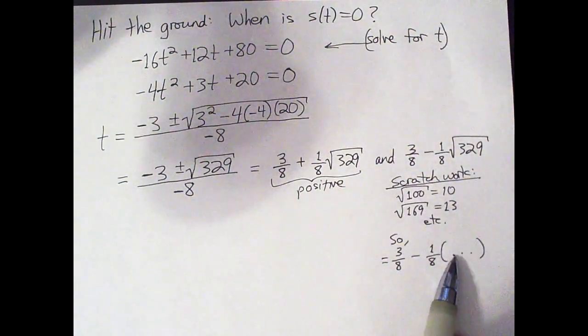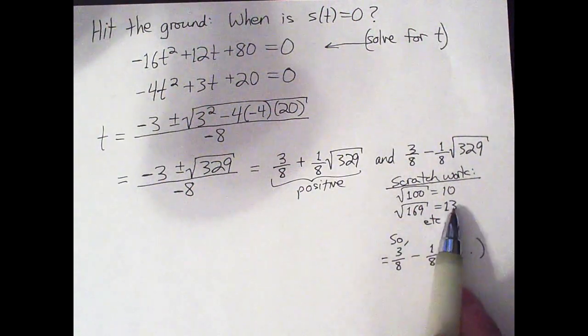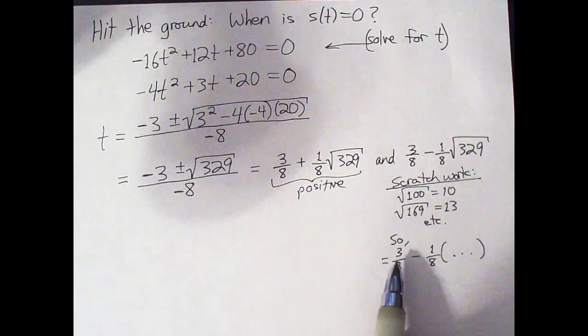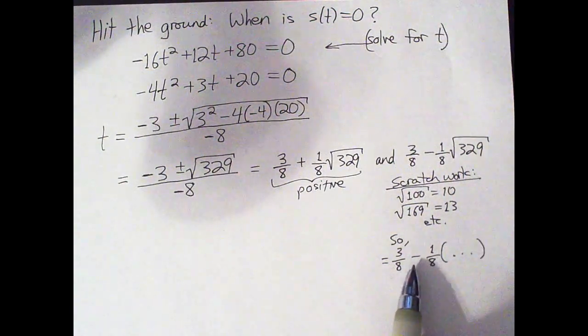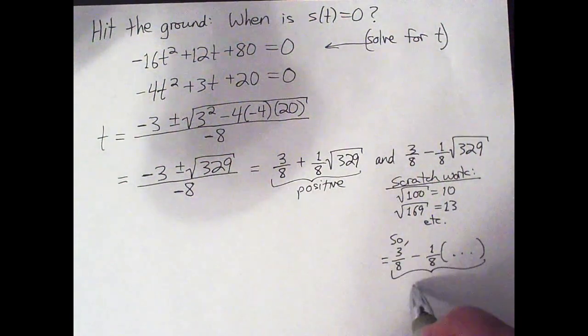Can you see that the number that goes here must be a pretty large number? So 3/8 minus 1/8 times something that's larger than 13. This is going to wind up getting us a negative number.